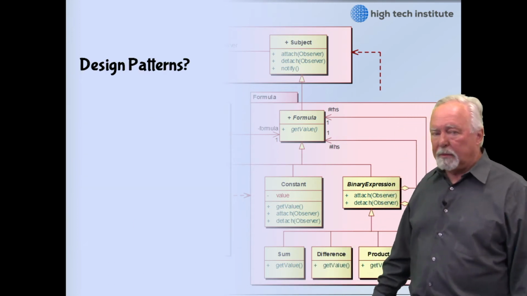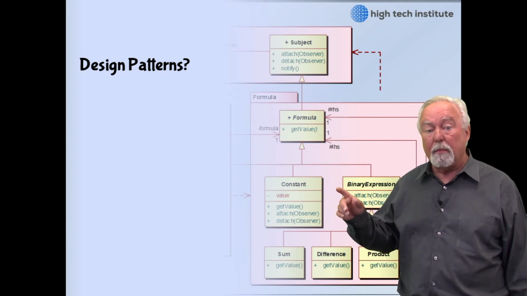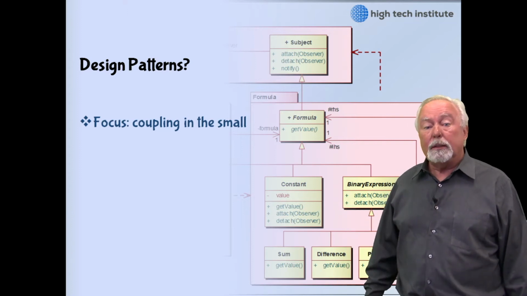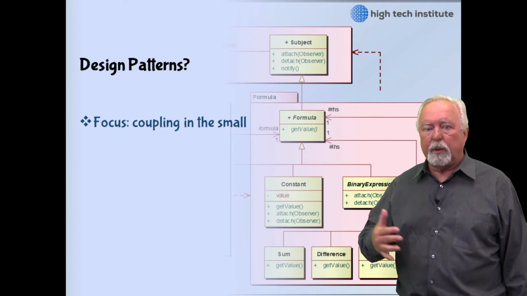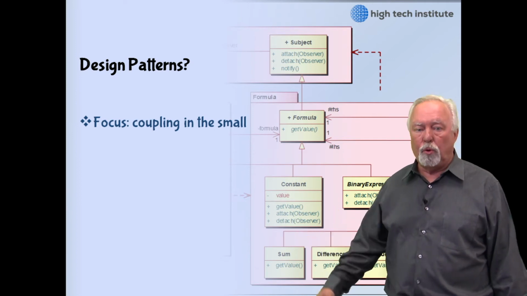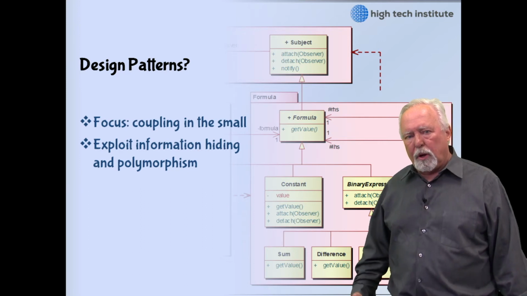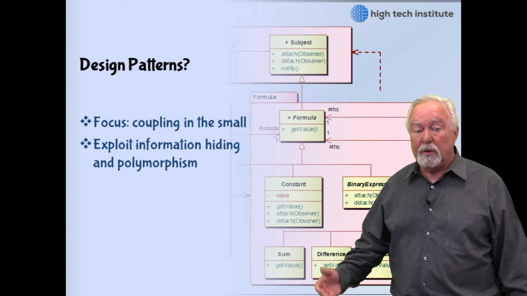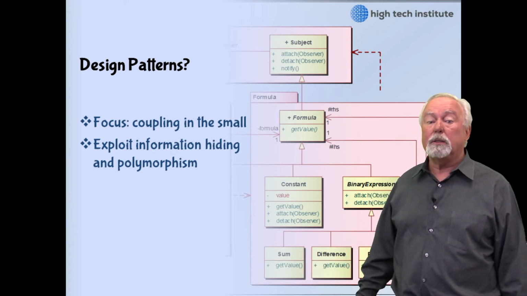Now, what about design patterns? You probably know about it or have heard about it, maybe applied some. The focus in design patterns is coupling between classes, so coupling in the small. Design patterns also help you to improve information hiding and exploit polymorphism in your program.